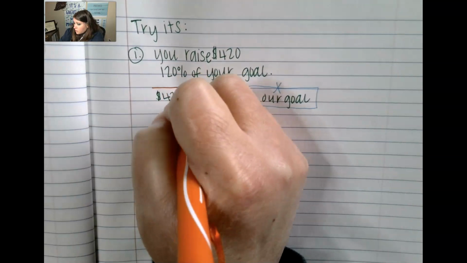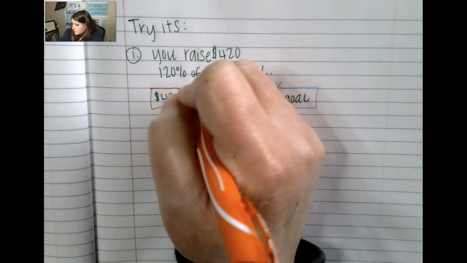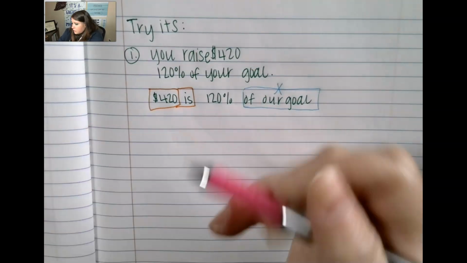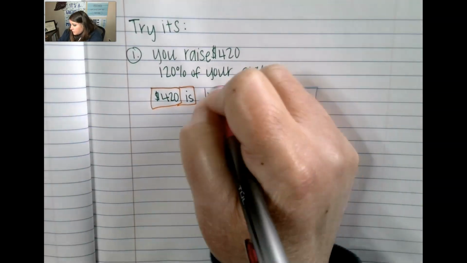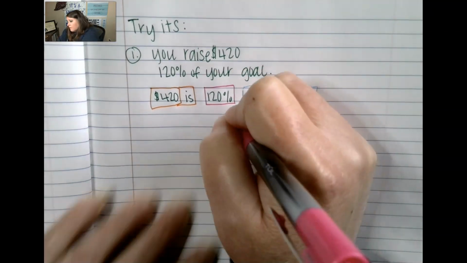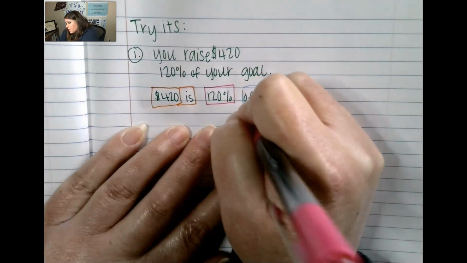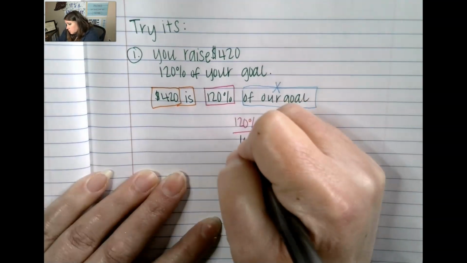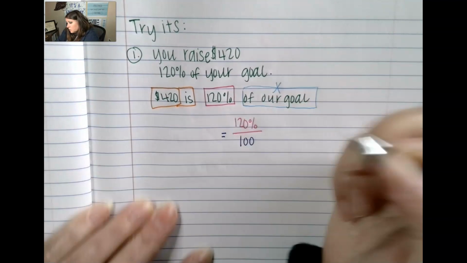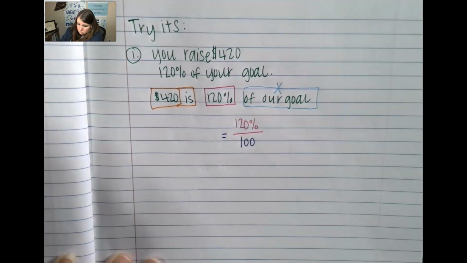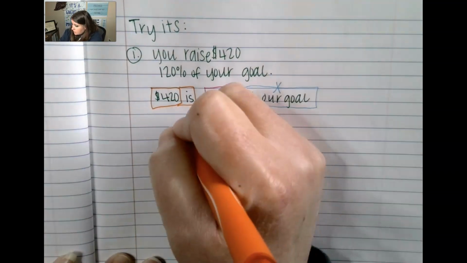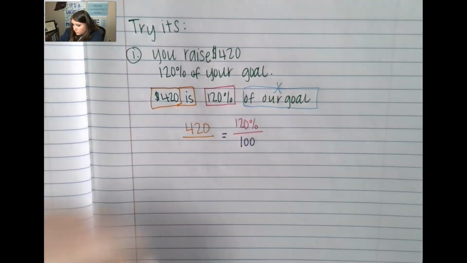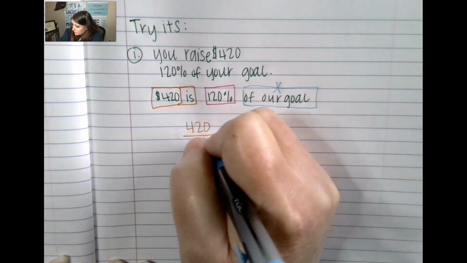We have $420 is, and it's stuck to is, so it goes with is, and 120%. So we have 120% on top over 100 is equal to 420, which is over X.